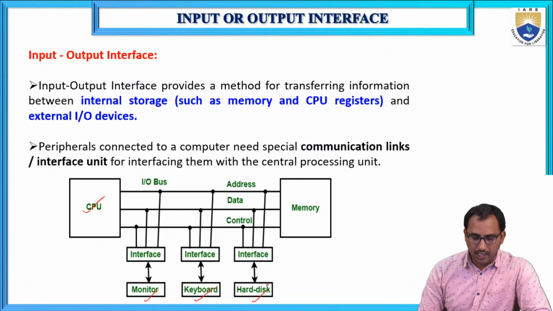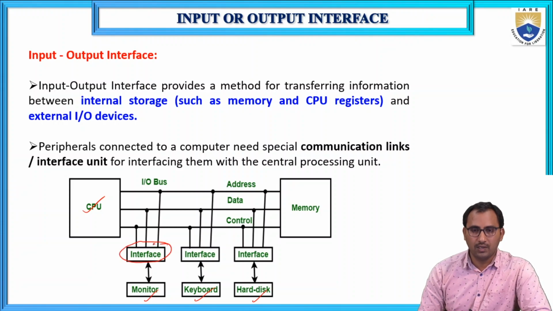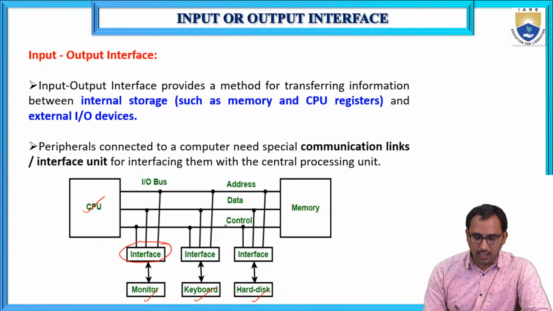So in between them we use an interfacing circuit. That is called an interface circuit. Here you can see how a CPU, memory, and input-output devices are connected. So this is our representation of how we can connect them.